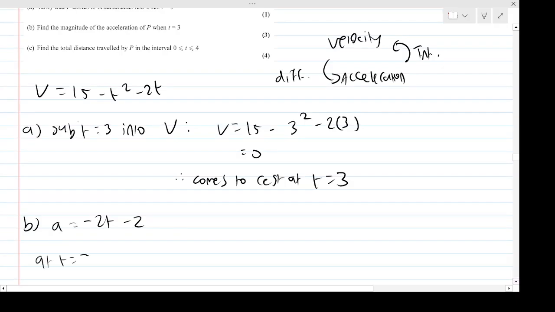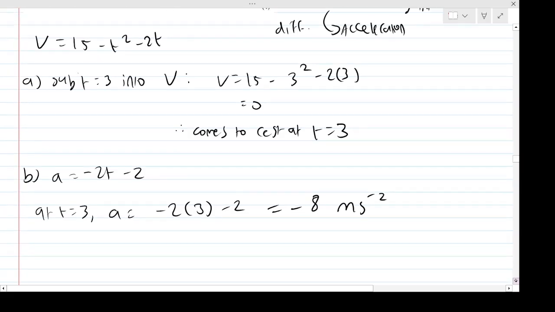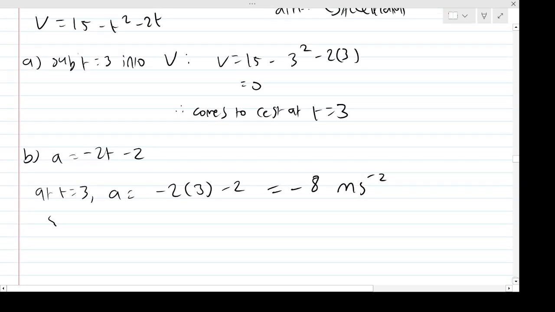A is going to be minus 2 lots of 3, minus 2, so that would be minus 8 meters per second squared. That's the acceleration, but it wants me then, keyword, to find the magnitude of the acceleration. Now the magnitude again is the positive version, right? So the magnitude is just going to be positive 8 meters per second squared.